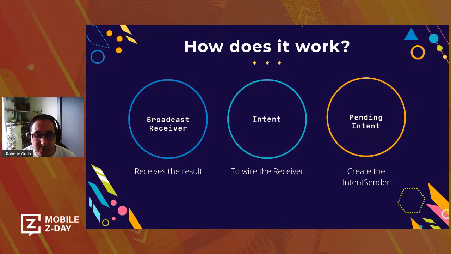And the last piece will be a pending intent that will be used to create the intent sender. So we have three pieces that need to work closely together in order to get the result. What we want here, again, is understanding what app our user chose when sharing the content from our app. So we're working towards that direction.